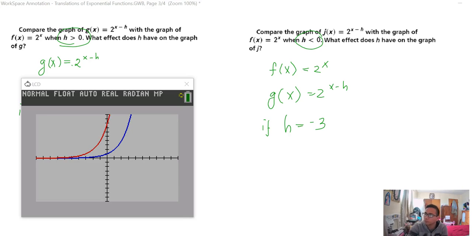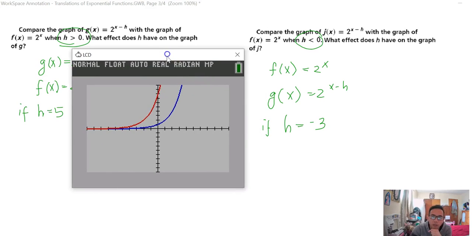When we let h be a negative number, which in my example is -3, and we compare the graph of j of x, which is equal to 2 raised to x plus 3, to the graph of f of x is equal to 2 raised to x, when h is less than 0, the graph is translated h units to the left.